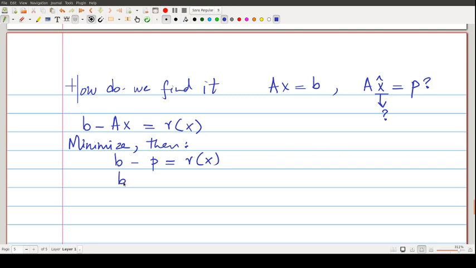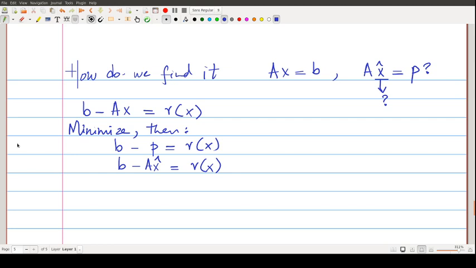So p minus Ax hat is equal to the residual, right? I've written it in two different forms. Ax hat equals p is what we're looking to solve. So here's the important thing. b minus p is in the orthogonal complement of S. That is something that we've already established.